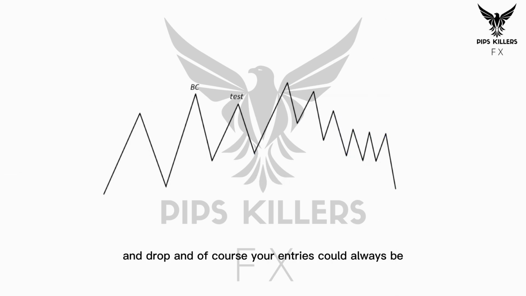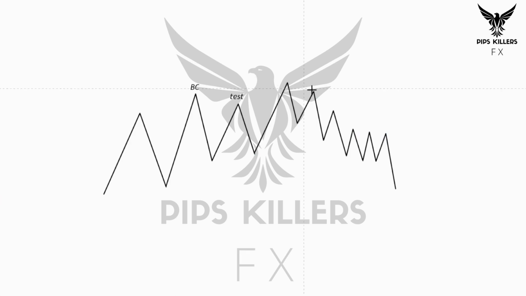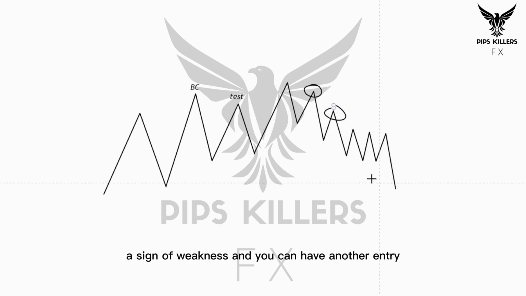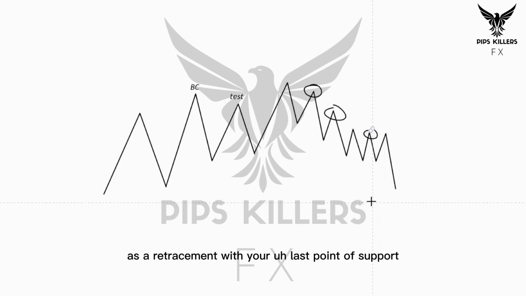And of course, your entry could be that RTO right here. Another entry could be your sign of weakness, and you can have another entry as a retracement with your last point of support.